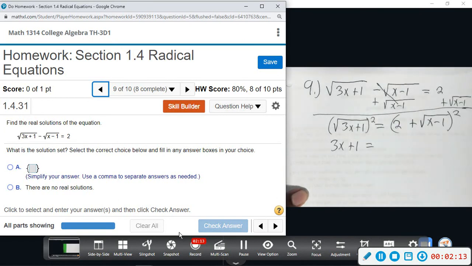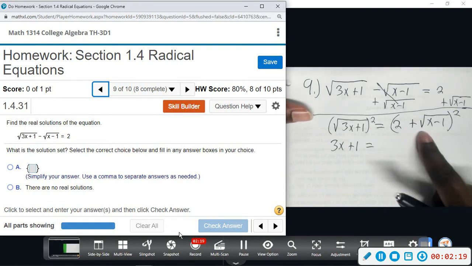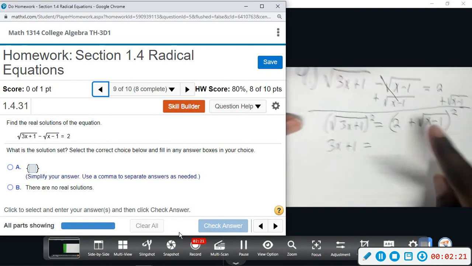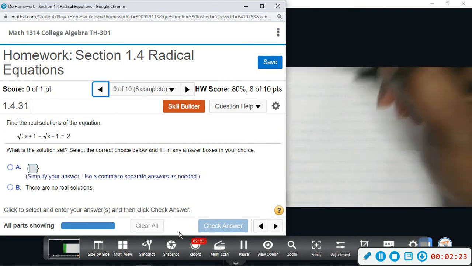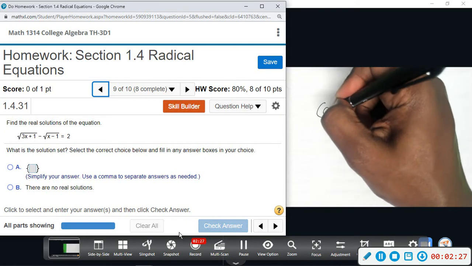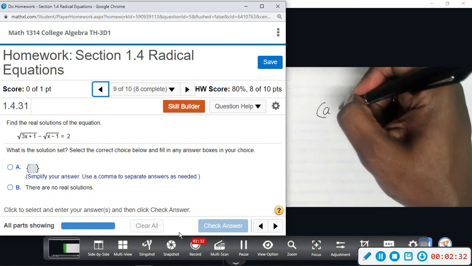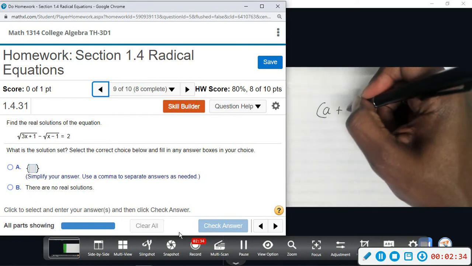Now there is a shortcut when squaring binomials. Let me go to some scratch paper because I'm going to start using that from now on. So let me show you what that means. It works with addition, it works with subtraction. If you have (a plus b) squared, it could be minus b.